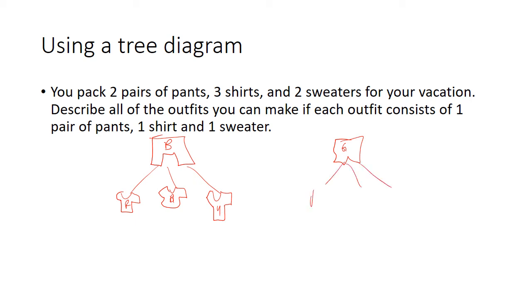Rather than drawing the shirts, I'm going to say red, blue, and yellow. And then we can also combine each of those with 2 different types of sweaters. So we might have a gray sweater, and maybe we have a white sweater. So we can do a gray, and we can do a white, and we can do a gray, and we can do a white. And then each of these also goes to a gray and white.